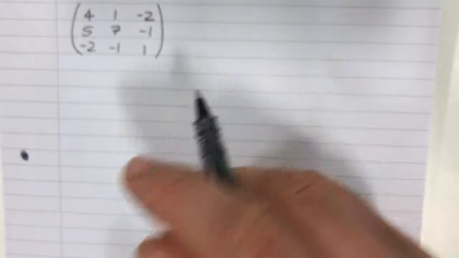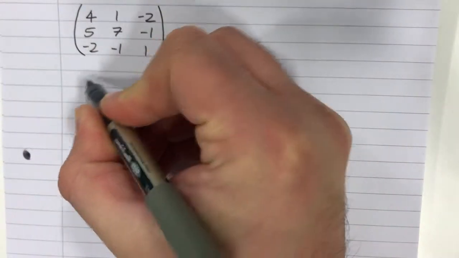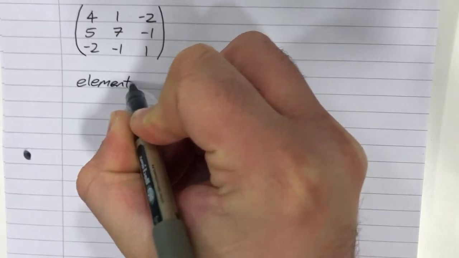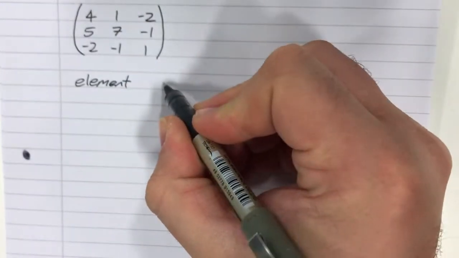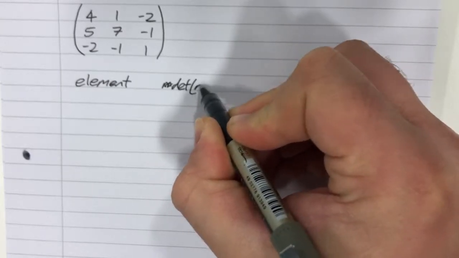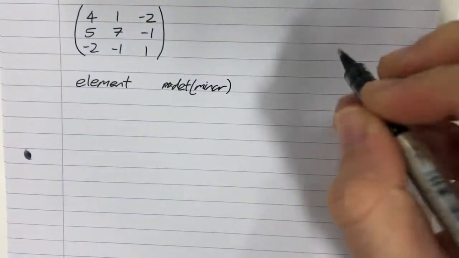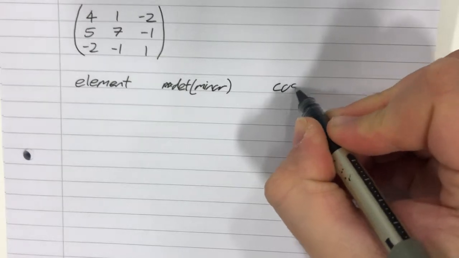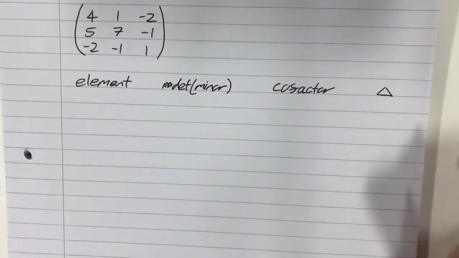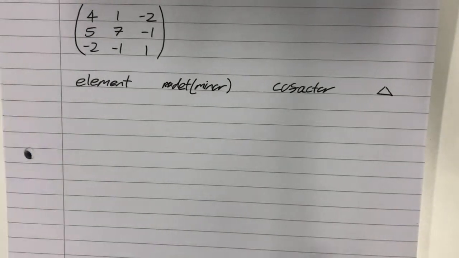So what we're going to do is create a table, and there are many different ways to find the inverse of a 3 by 3 matrix, but I like to do it this way. The first column is called the element, the second column is called the determinant of the minor, the third column is called the cofactor, and then the fourth column is just a triangle, which is delta.